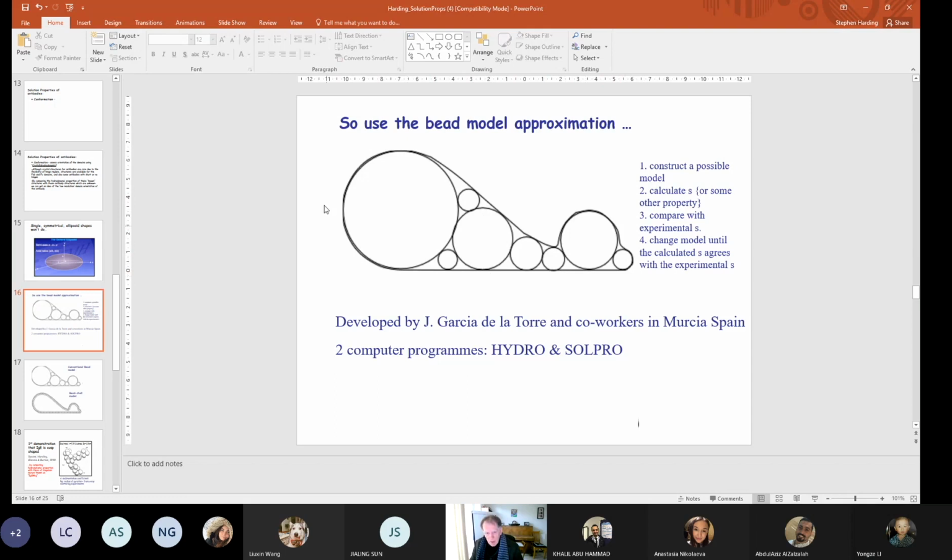This is not an antibody molecule, it's just a schematic complex molecule, which looks rather like, what does that remind you of? It's rather like a snail. Yeah.